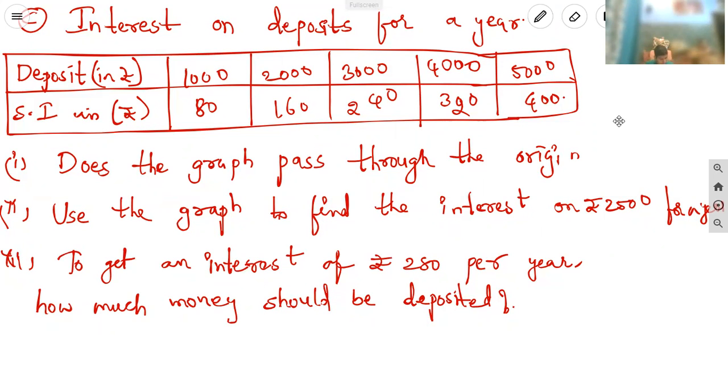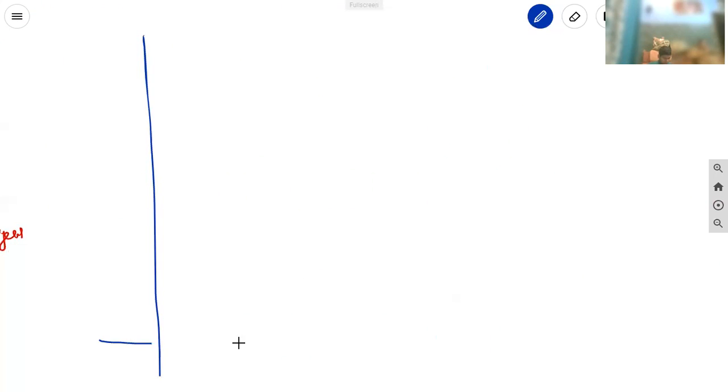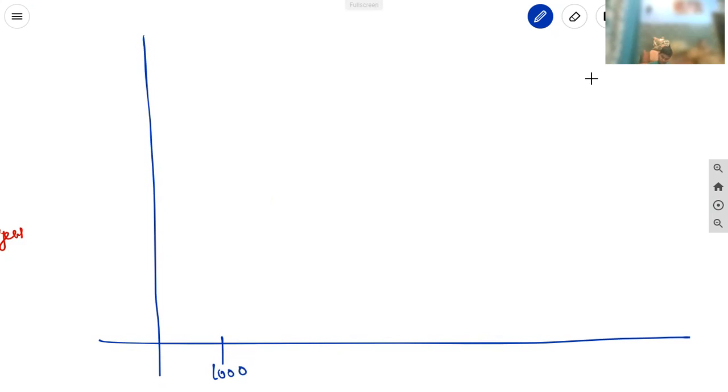Okay, now we can take the graph. In this, 2 units equal to 1,000 rupees.